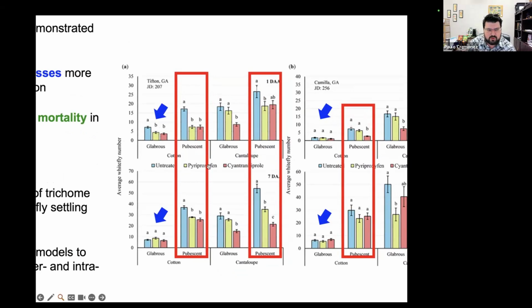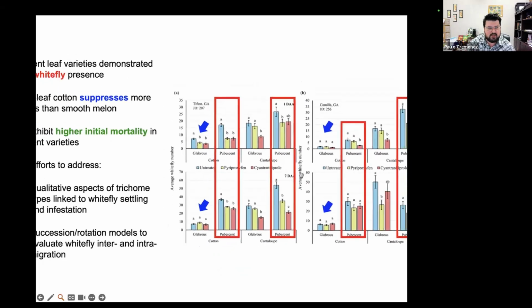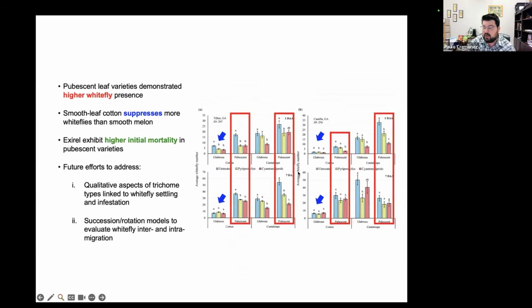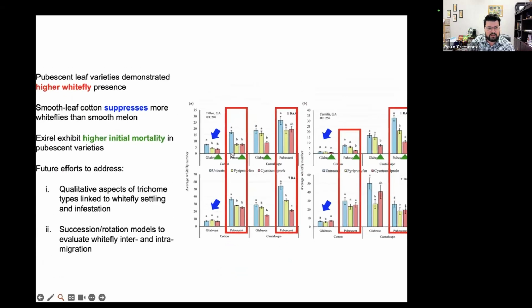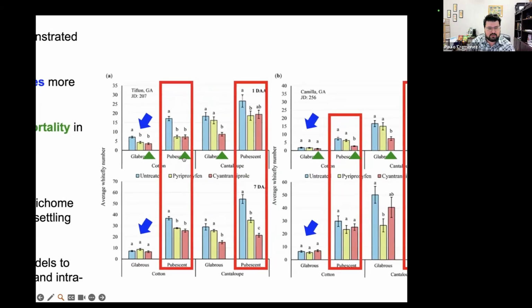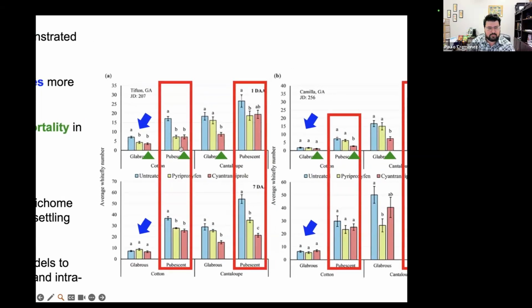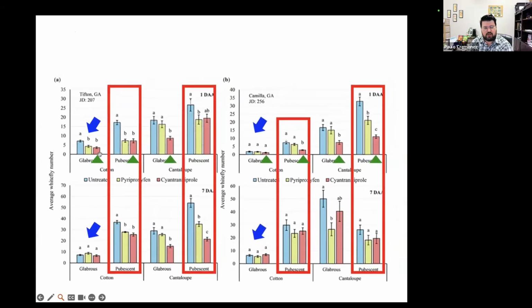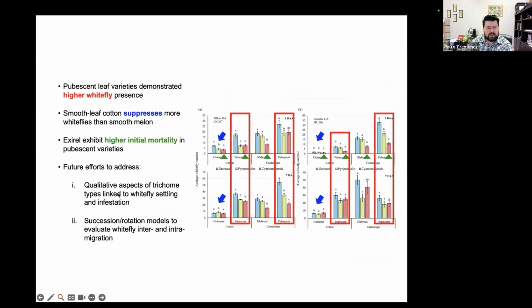Therefore, you will not see as many whiteflies when you don't have trichomes in the cotton. And from the chemical side, Exerel, the diamide, exhibited a higher initial mortality in the pubescent varieties. So all the reddish columns here are the Exerel. It was generally the best insecticide option that we have.